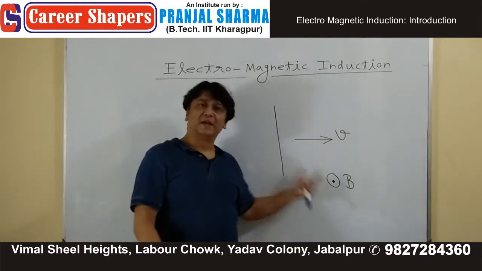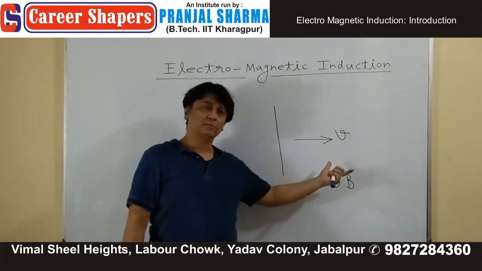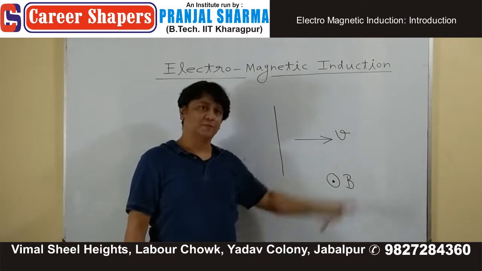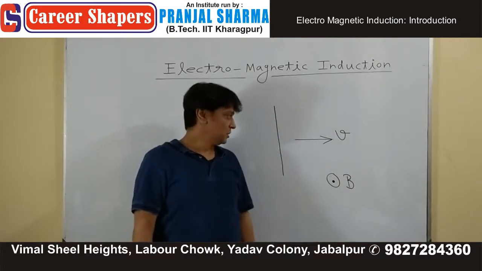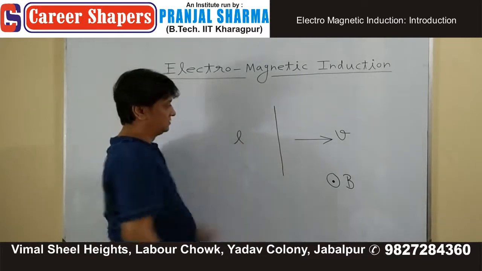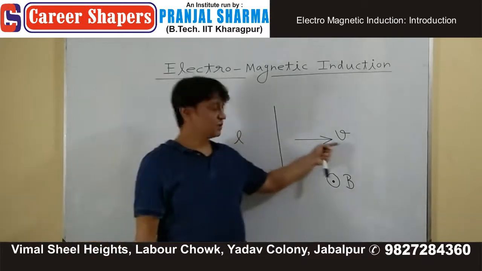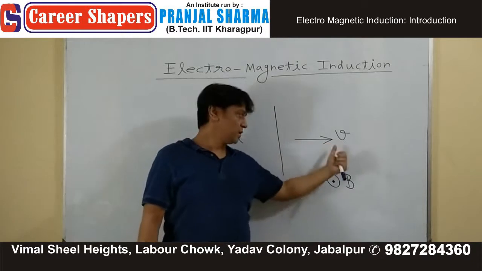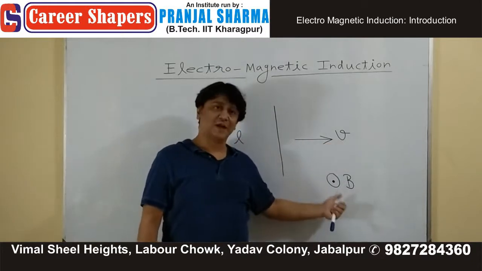For the time being, you can take that magnetic field is uniform and then we'll develop different cases. So you have a rod of length L, moving with velocity v in the presence of this magnetic field B.